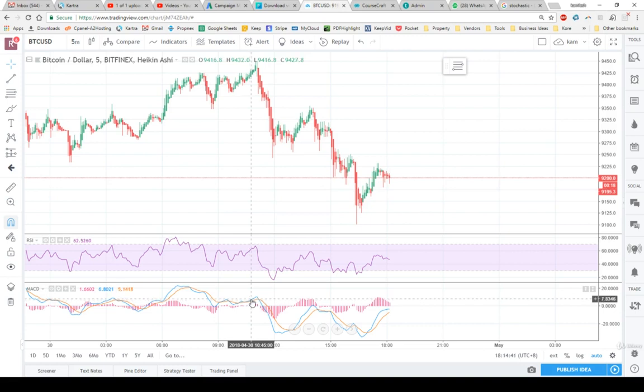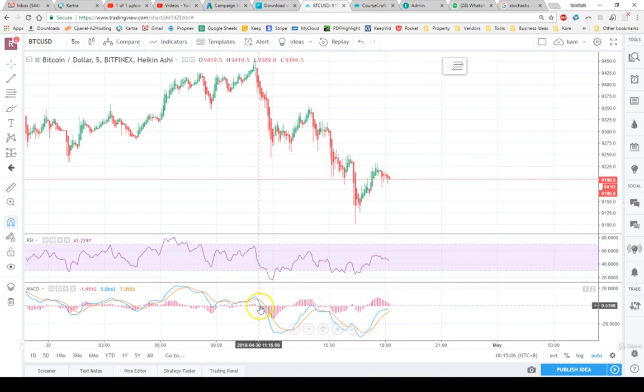And at this very point you can see that RSI is coming down, and at this point you see that MACD has not crossed yet, right? So that is why we call it lazy. It crosses after a while, thus confirming the direction. So it's called a confirmation indicator, where it confirms the direction after a while.